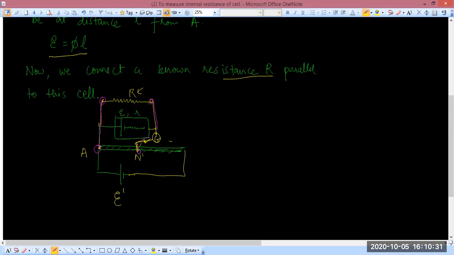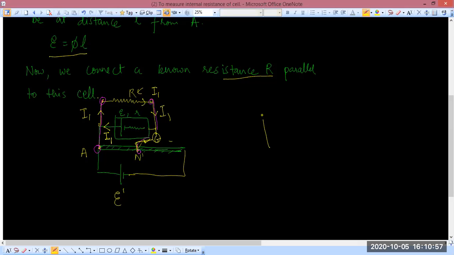But this battery is ultimately connected with a resistance R. So there will be a current like this flowing through this resistor. Did you understand this? There will definitely be a current flowing like this. That is because of this cell. You understood this? Is I1 clear, everyone?